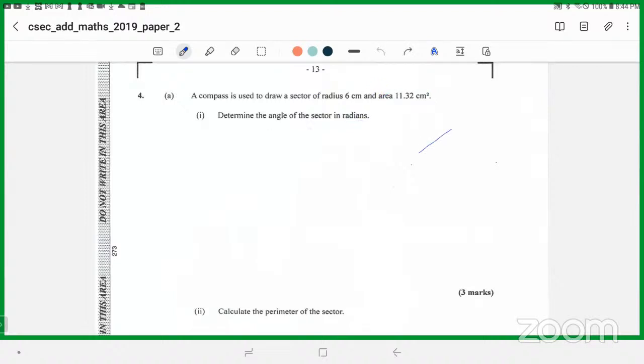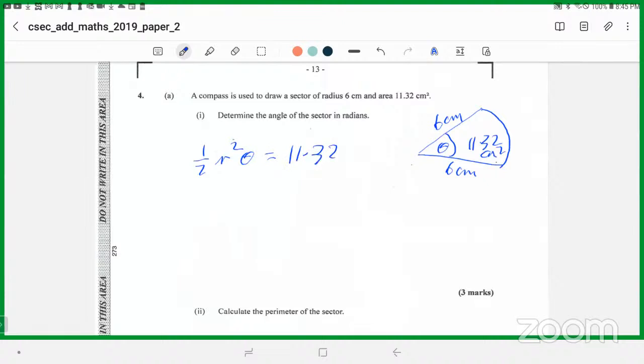So we have a sector, radius is 6 centimeters, area is 11.32 centimeters squared, and we want to find that angle. So half r squared theta is equal to 11.32, because this is the expression for the area. We're trying to find this theta.